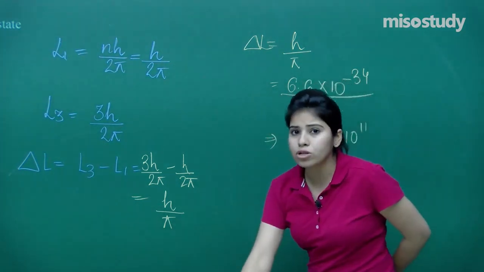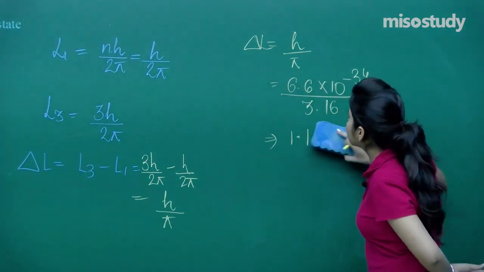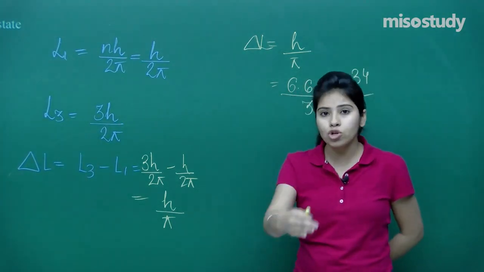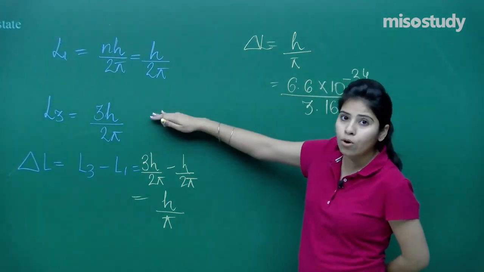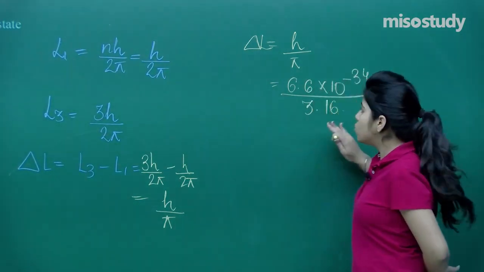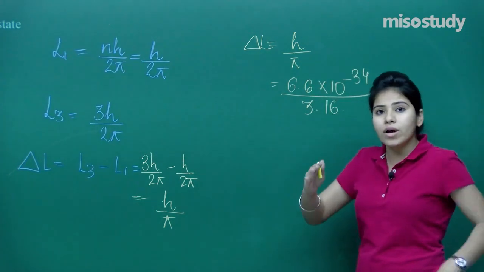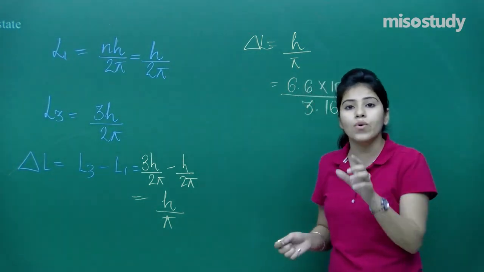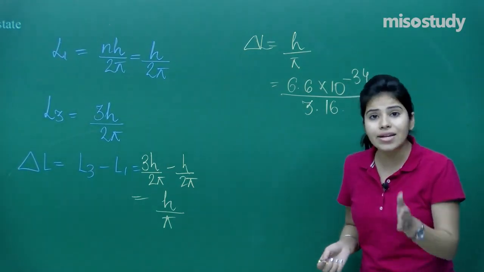I am not going to write the definite value, because I am not going to do the calculation part here. That is up to you, because I have to tell you the approach. You need not worry about the approach, you just have to worry about whether you are doing the correct calculation.